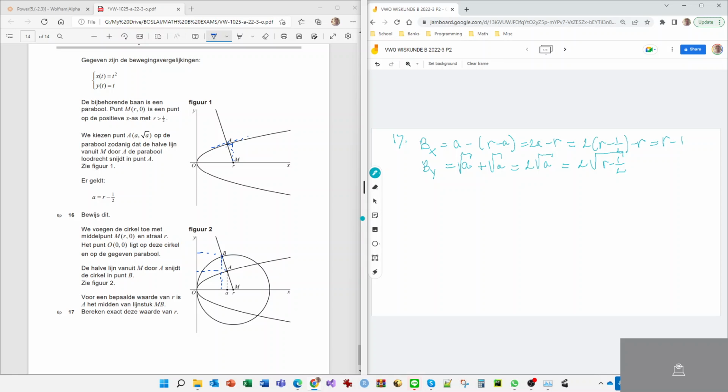And now we just need to say that this has to be on the circle M. Now what's circle M? It's all the points given by the equation (x minus r) squared plus y squared equals r squared.